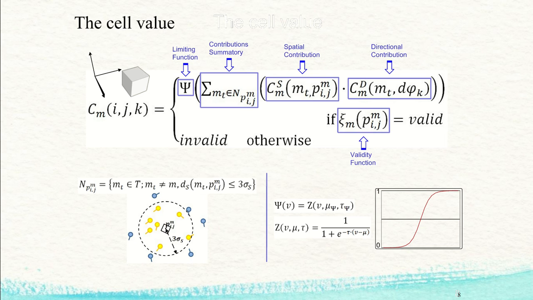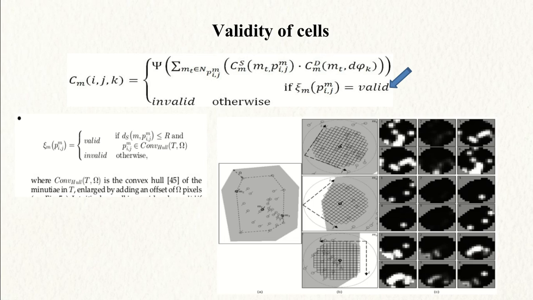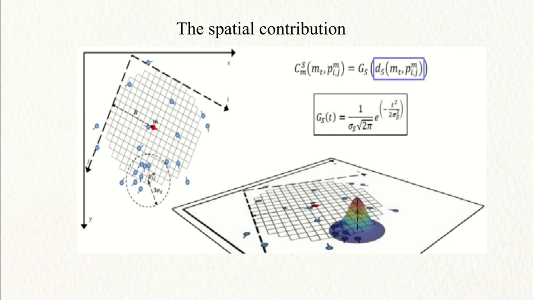Now going to the next point, which is the spatial contribution. In the spatial contribution, we are going to use a Gaussian function which has mean value 0 and standard deviation sigma s, and sigma s has also been calculated using many experimentations, so we need not worry about that.